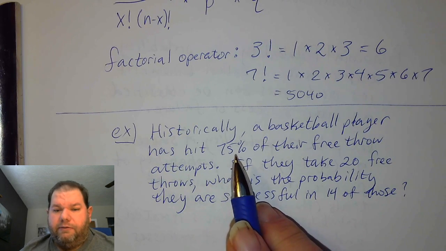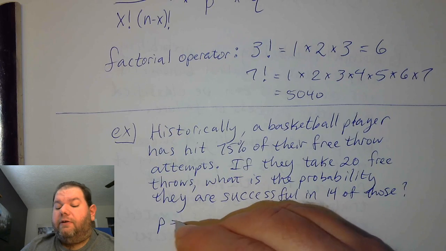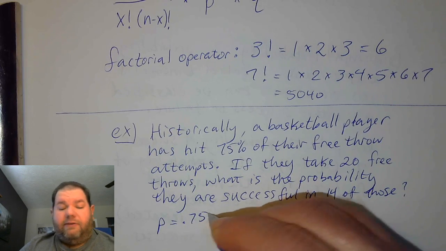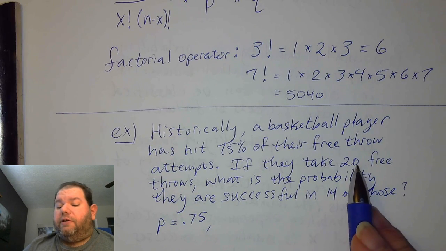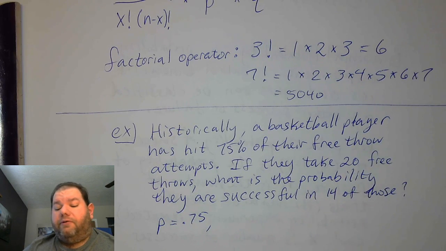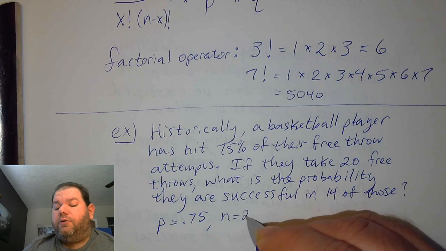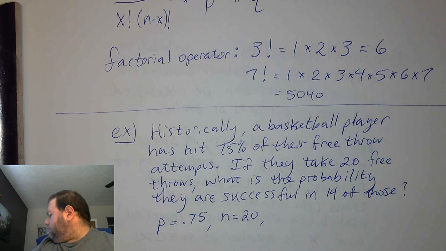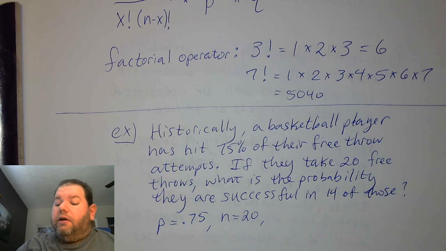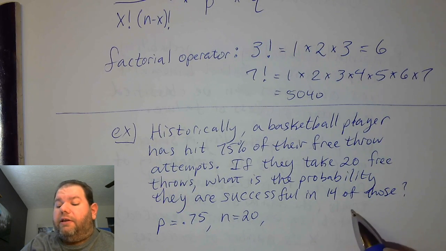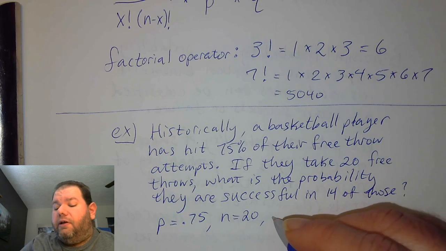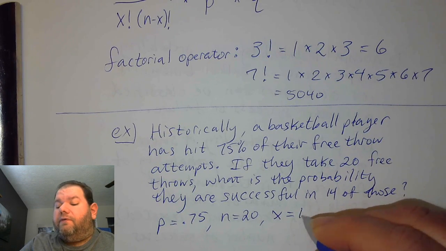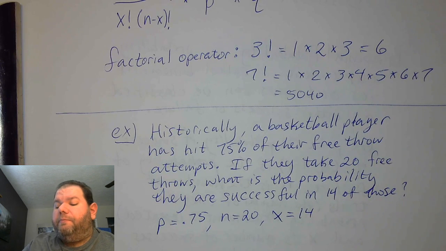That's our p-value. So we can say p is, and we should make that a decimal, 0.75. They're taking 20 free throws, so the number of trials is 20. And we want to know how likely it is for them to be successful for 14 of those 20 free throws. So we're saying x is equal to 14.